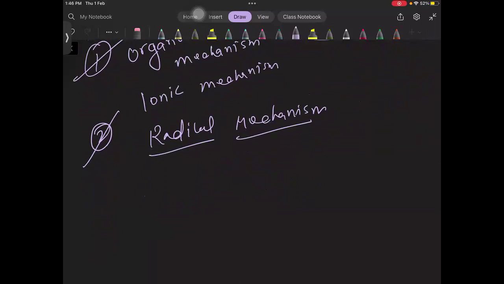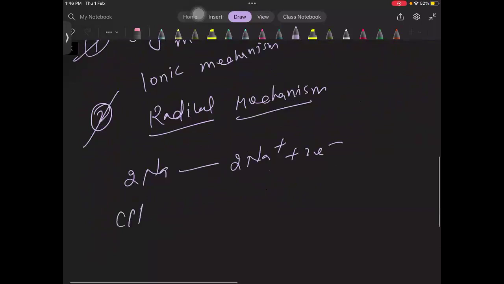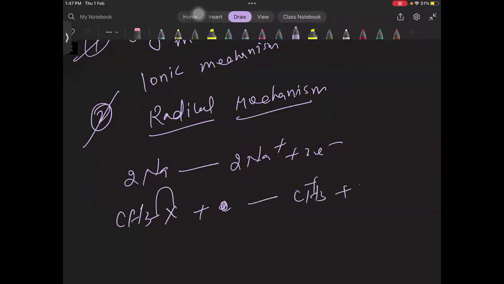So see what is going to happen. We take 2 moles of sodium, which release 2 electrons. What happens when we take the alkyl halide? I go through the radical mechanism. Halide will leave, and the CH3 cation plus X negative will form.